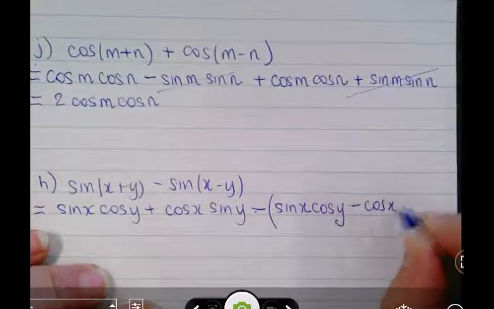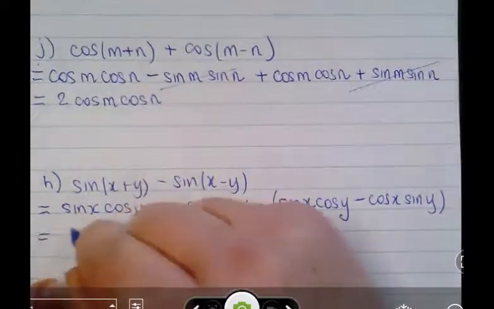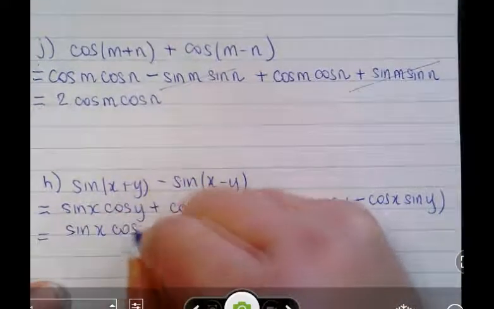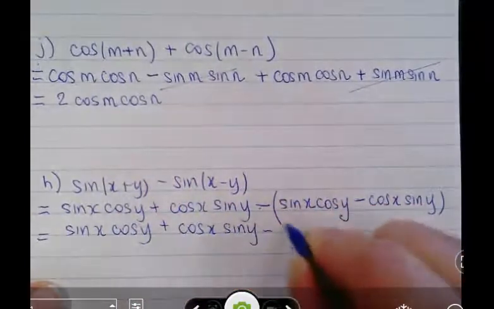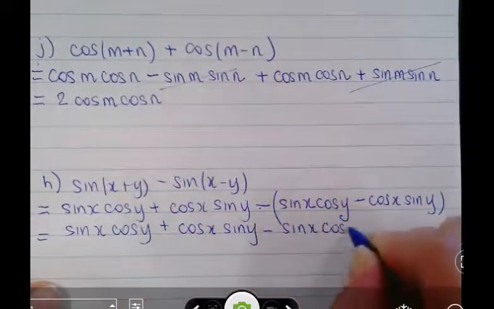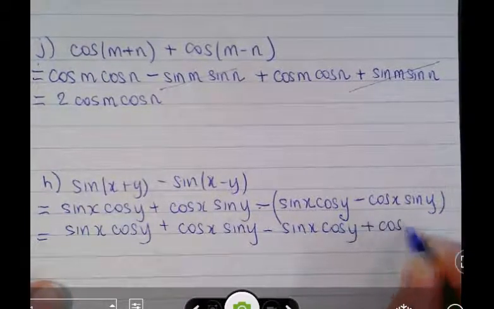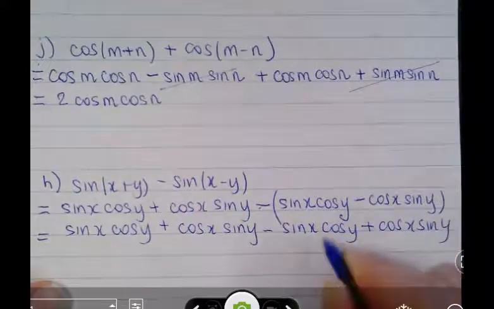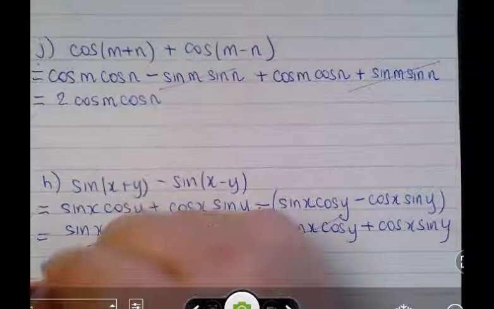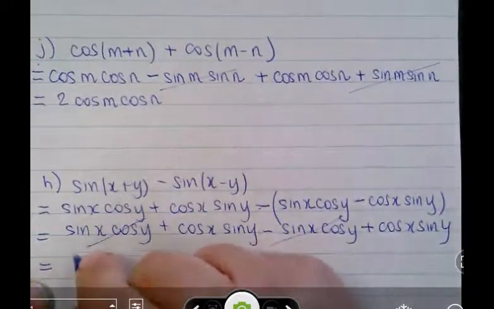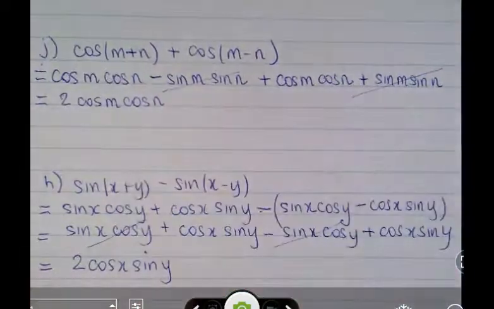Minus cos x sine y. But it's in brackets. So I've got sine x cos y plus cos x sine y minus sine x cos y. What do I do now? Plus cos x sine y. So these two cancel, the first and the third one cancel. And I get 2 cos x sine y.